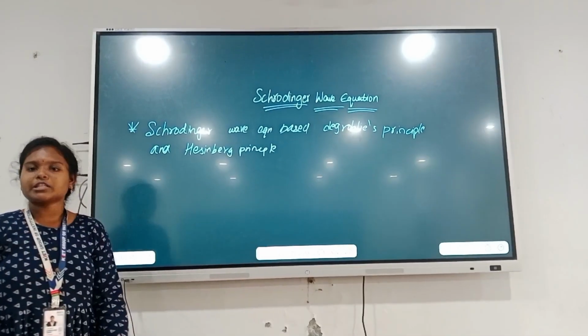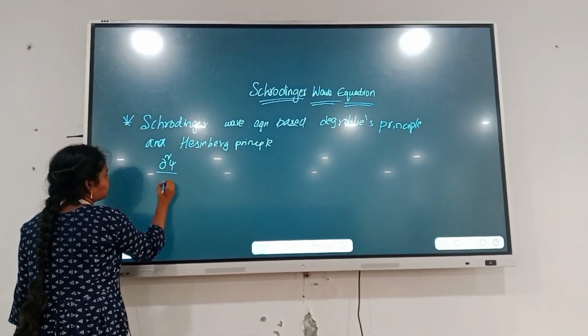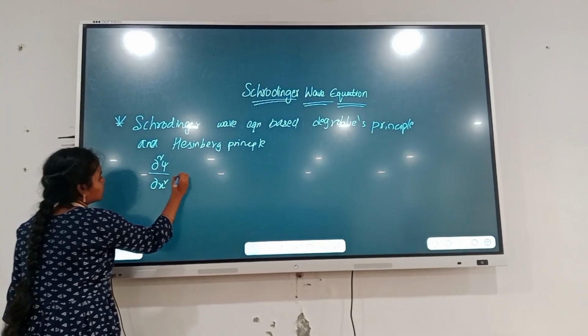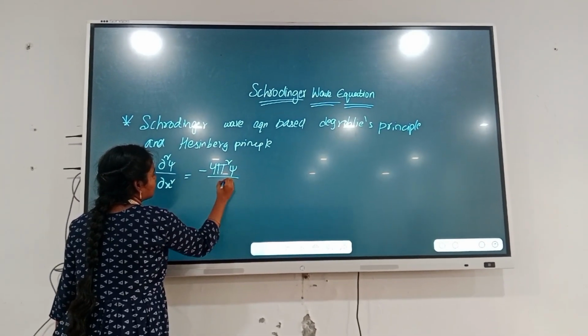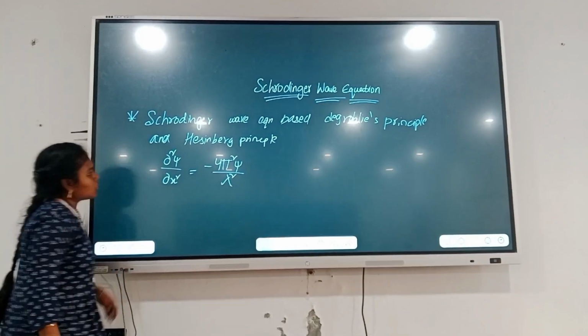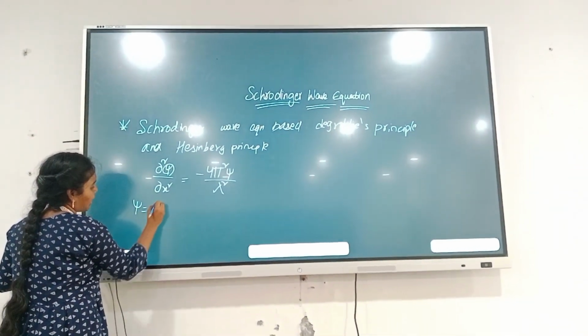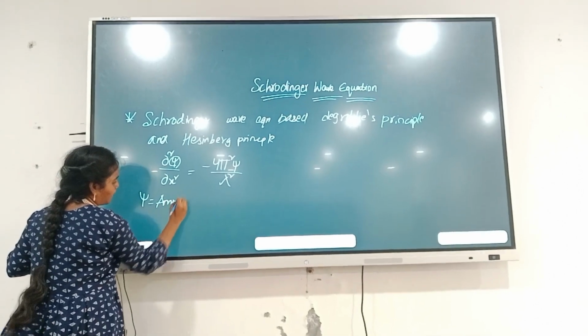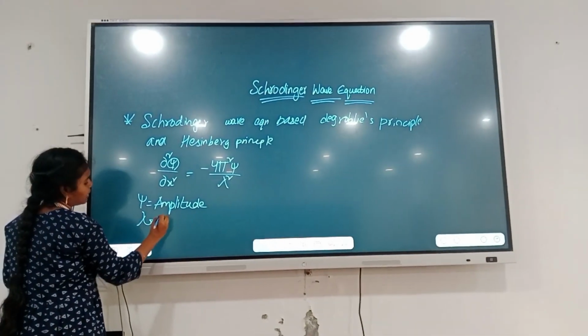The Schrödinger wave equation is ∂²ψ/∂x² equals minus 4π²ψ by λ². So from this we have ψ equal to amplitude, λ equal to x.